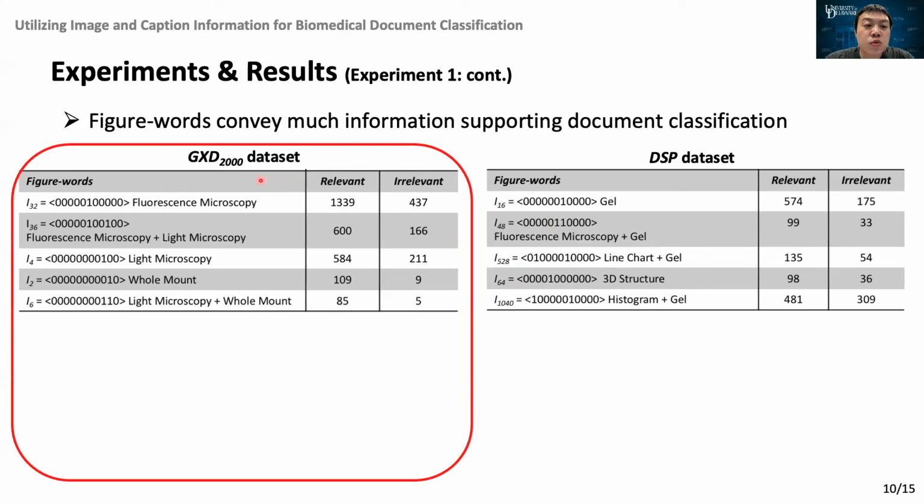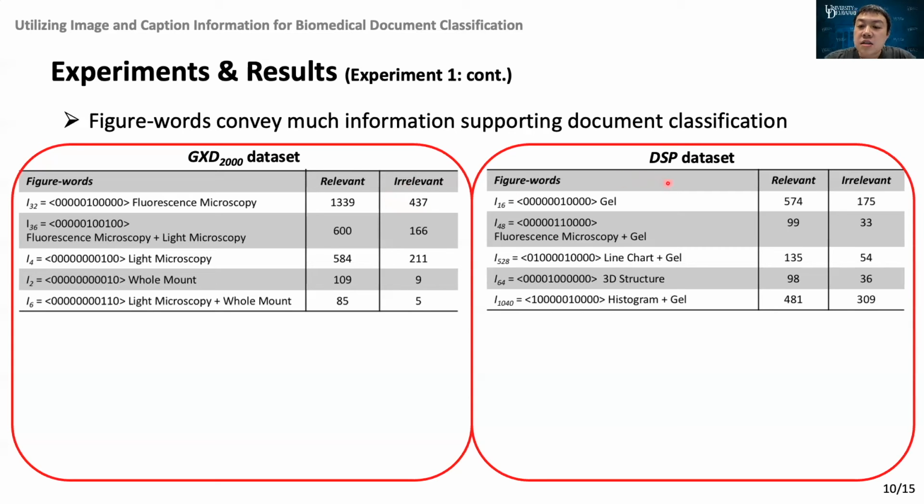Over the GXD 2000 dataset, we can see there is a large difference between the figure words distribution in relevant dataset and that in irrelevant one. For example, there are 1339 figure words consisting of fluorescence microscopies in relevant data, while only 437 such figure words in the irrelevant data.